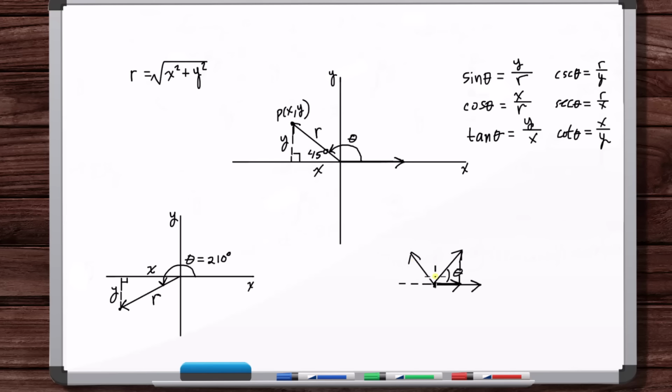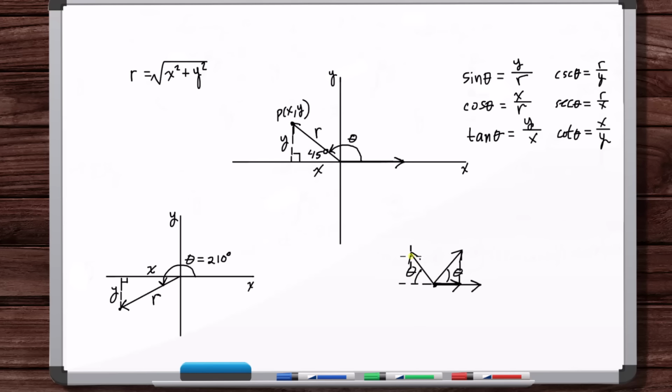Let's say this force is the exact same magnitude, size as this force, and the angle between this force and the horizontal, theta, is the exact same angle as this force between the horizontal. So both of these are theta, same angle.